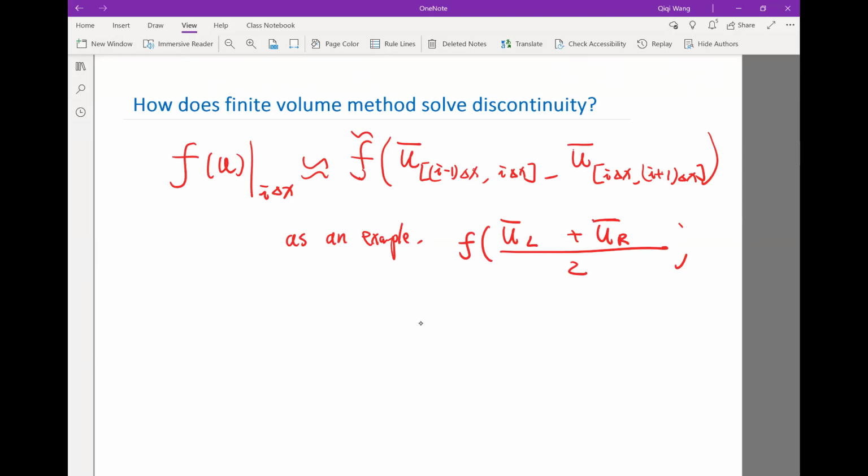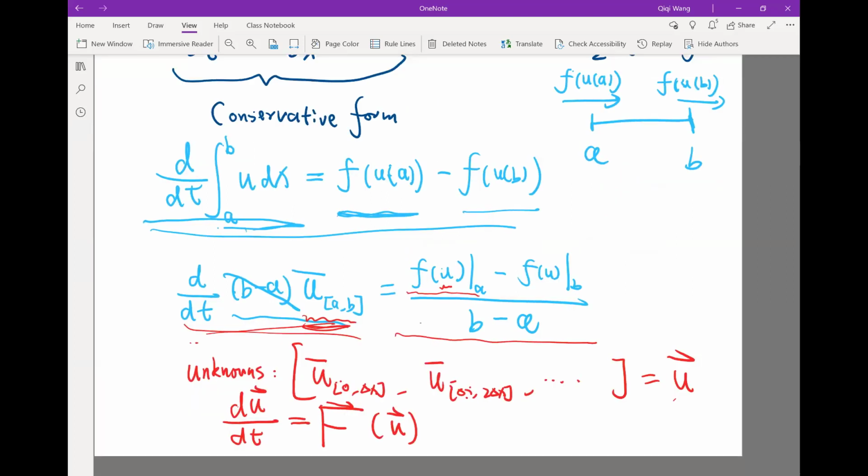Let me just shorten this as u bar left and this as u bar right. Then this is an example approximation of the flux, and then we can solve the equations, right? Any questions on what I did and why I have to do this?